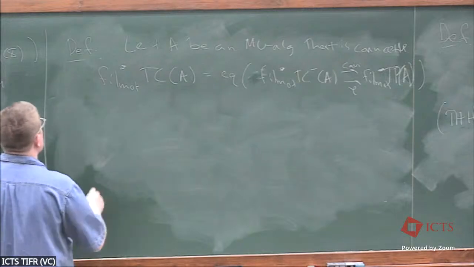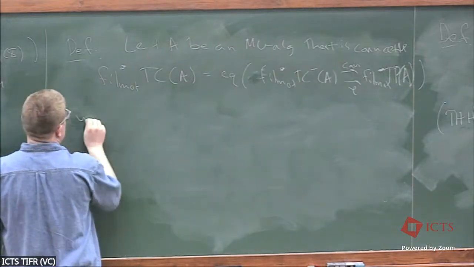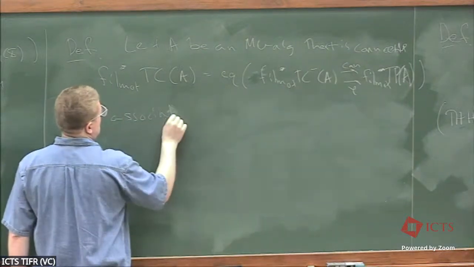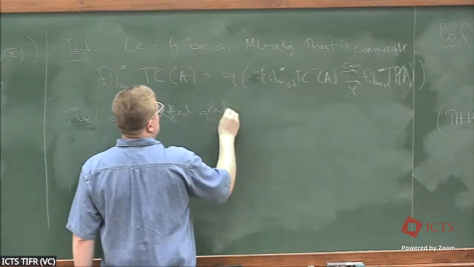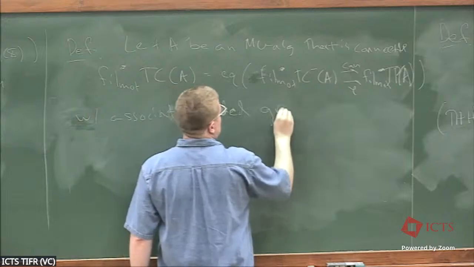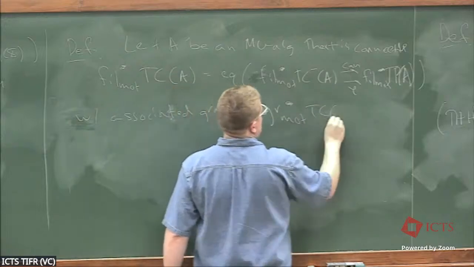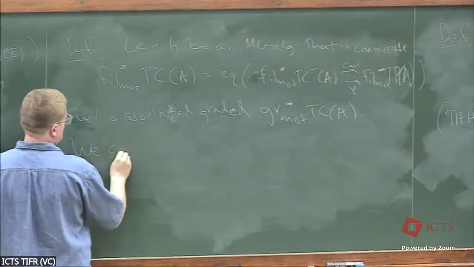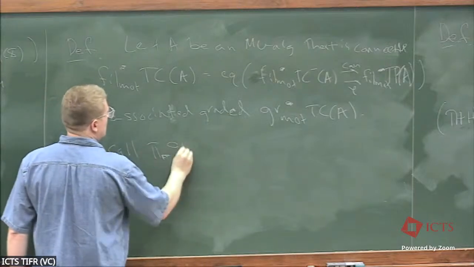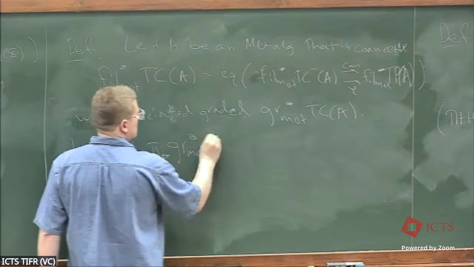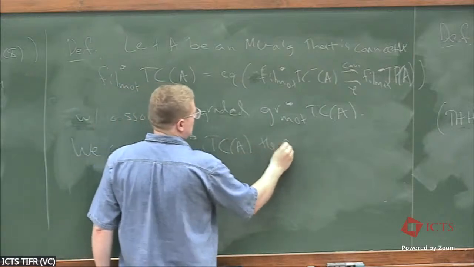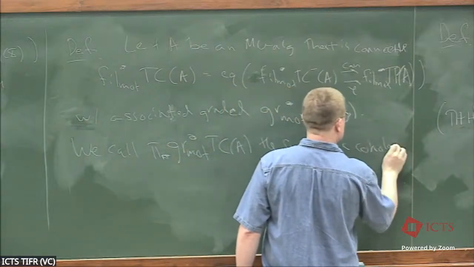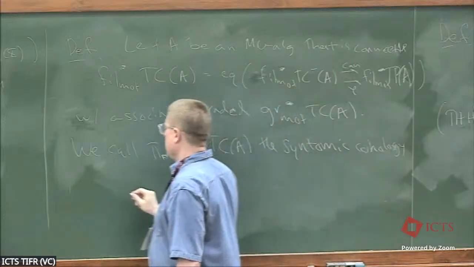Right, and so this has an associated graded of TC of A. And now we're going to call this associated graded the syntomic cohomology of A.